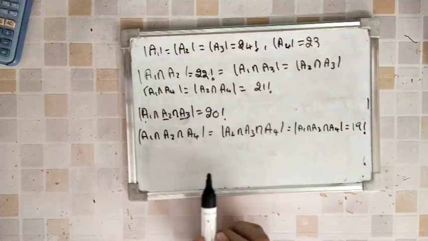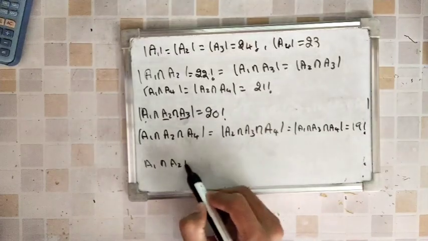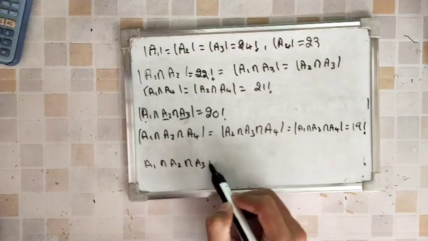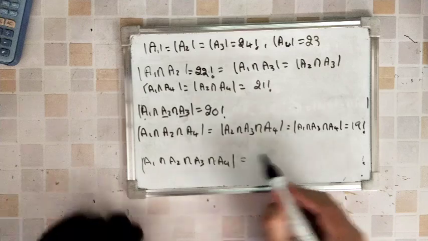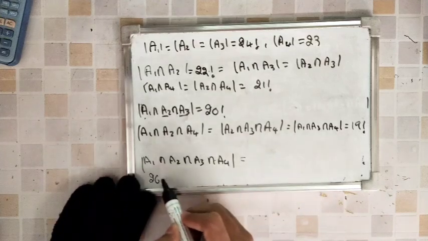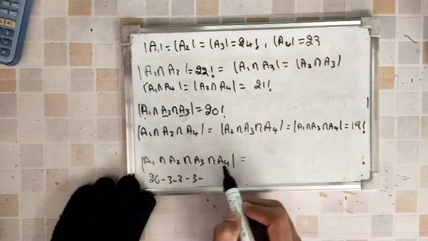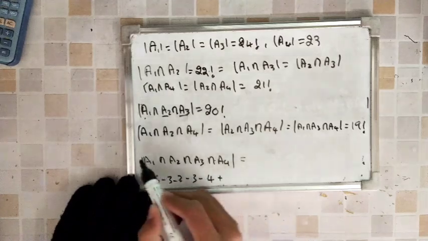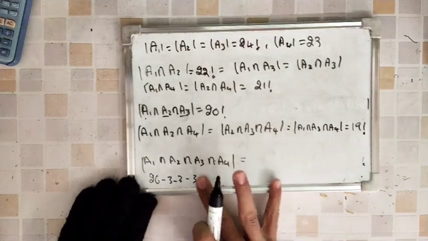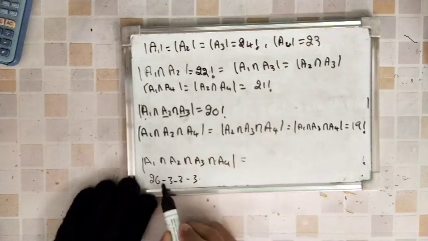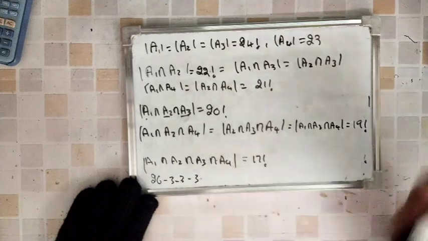Because A4 is having 4 letters. Like that I have to find now A1 intersection A2 intersection A3 intersection A4, which is, see now, 26 minus 3 letters from this, 3 letters from this, 4 letters from this, plus, 1 2 3 4, all this combined are 4 letters, so this 2 will get cancelled, plus 4 minus 4, so 26 minus 9, so 20 minus 3, that will be 17 factorial.